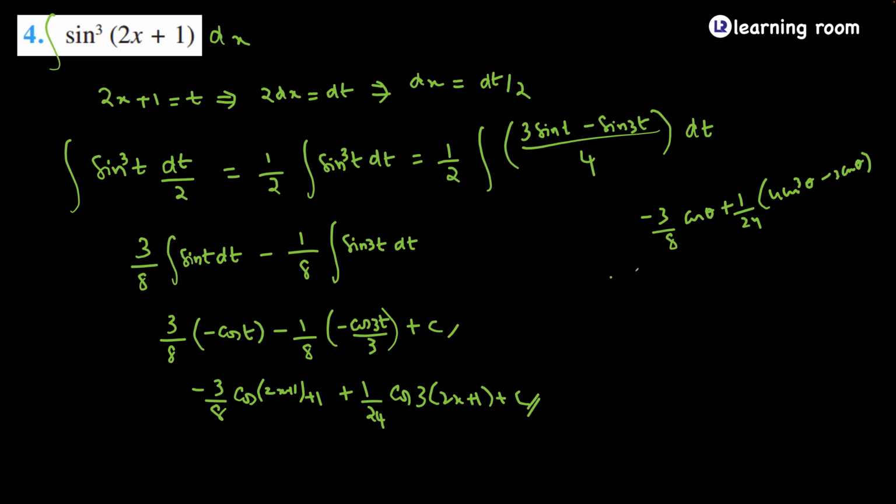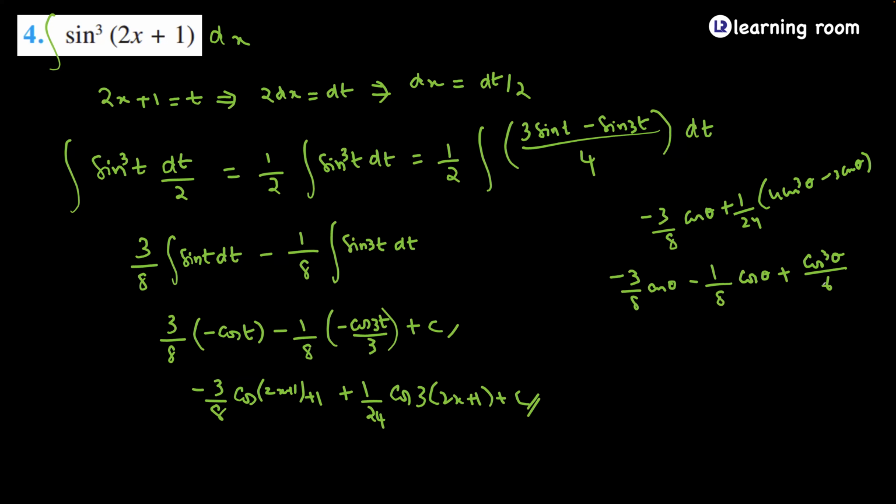So it will be minus 3 by 8 cos theta. Minus of minus is plus, 1 by 24 into minus 3 is going to be minus 1 by 8. Minus 1 by 8 times cos theta plus 4 cos cube theta by 24, which is going to be cos cube theta divided by 6.